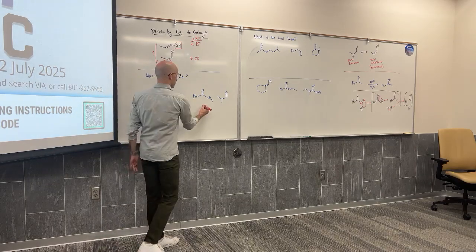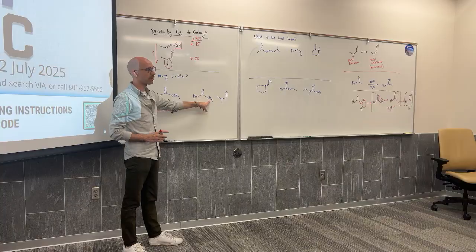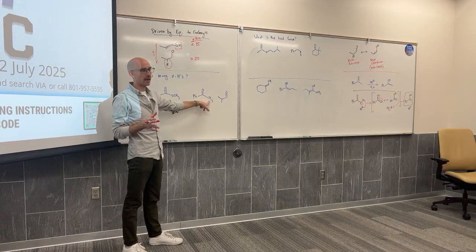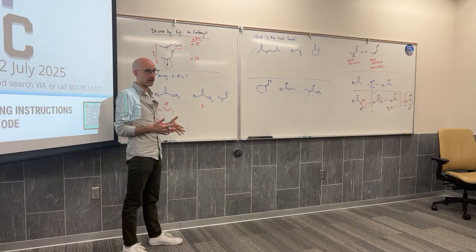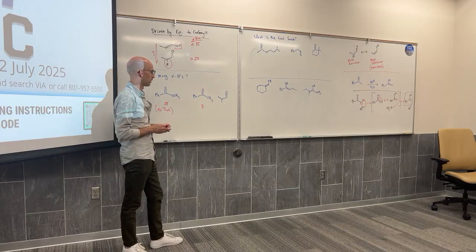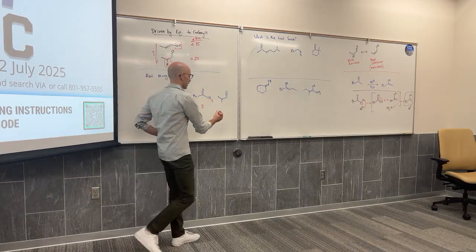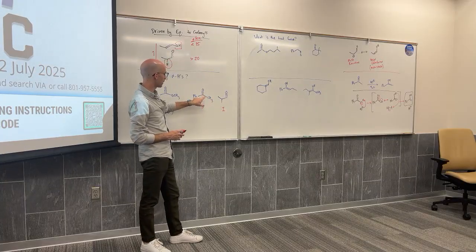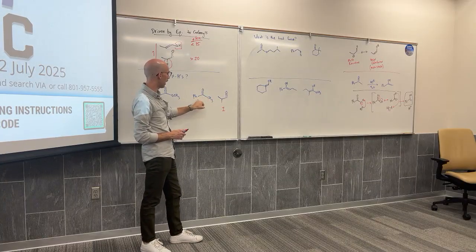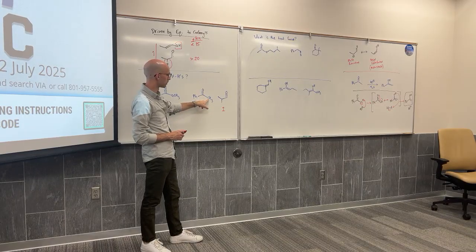There are 3 alpha hydrogens here. All 3 of those methyl alpha hydrogens are equivalent to each other. And then here there is 1 alpha hydrogen. So this ketone had 2 alpha carbons, but only one of them had alpha hydrogens.